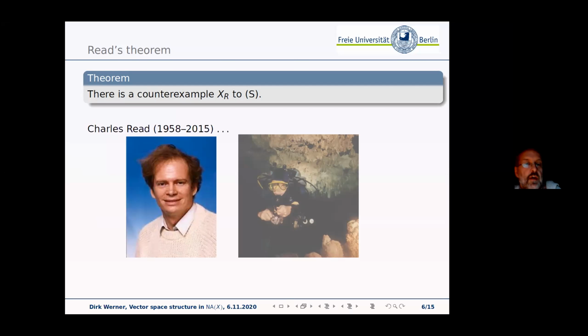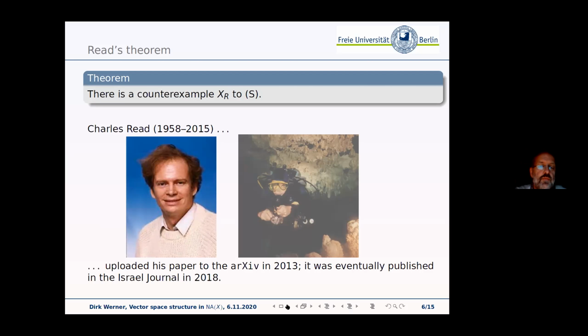As you know, Charles Read passed away unexpectedly in 2015, and one of his hobbies was solo cave diving, as you can see on the photograph on the right, which is taken from his homepage, which at least is still alive. This paper containing the solution to Singer's problem was written in 2013 and uploaded to the arXiv, but it wasn't published during his lifetime.